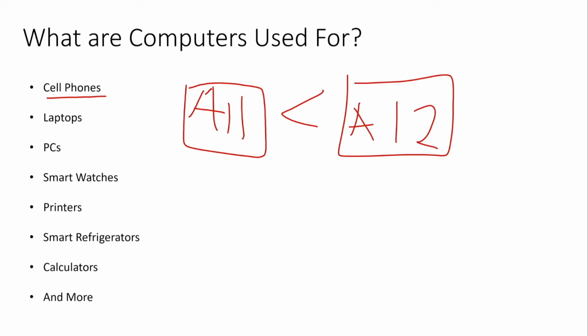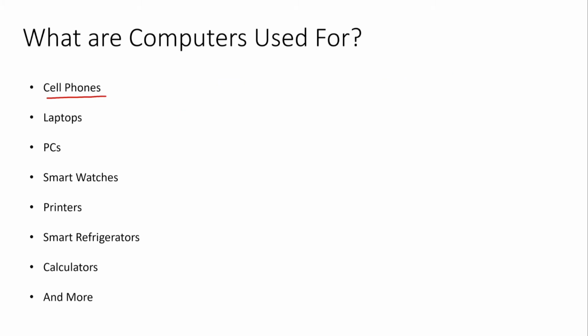Now we get to laptops. These are much more powerful than phones, because they are in fact much bigger. They are still quite portable, but they are much more powerful because you can fit lots more stuff into the bigger body.